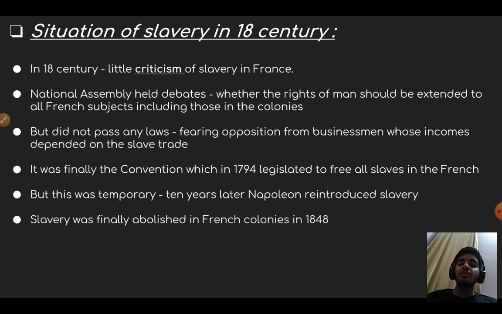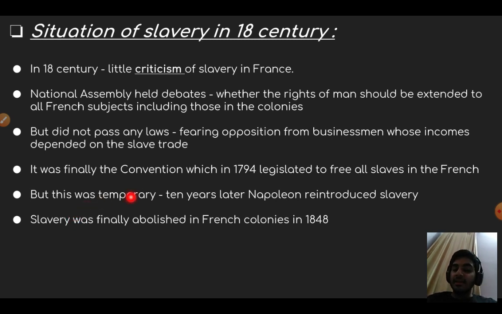The government feared that the businessmen would oppose it, because they earned their income from the slave trade. Their main business was the slave trade, so the government had a fear of these businessmen.